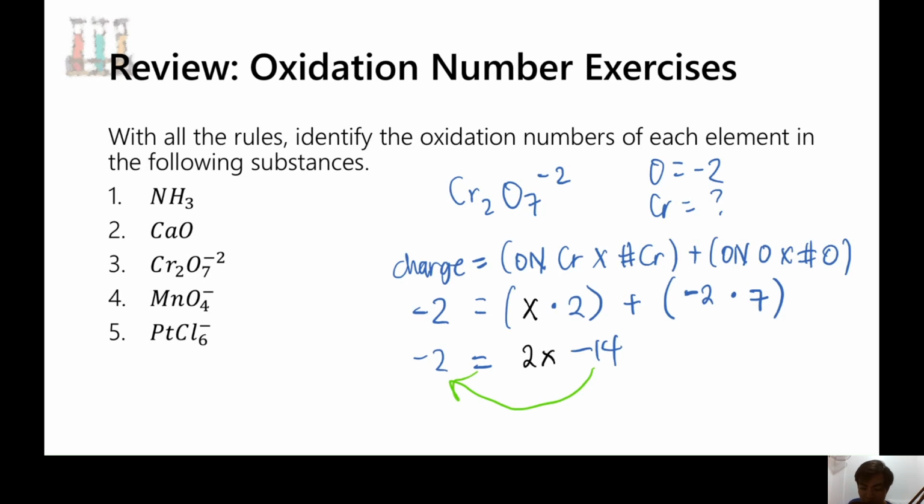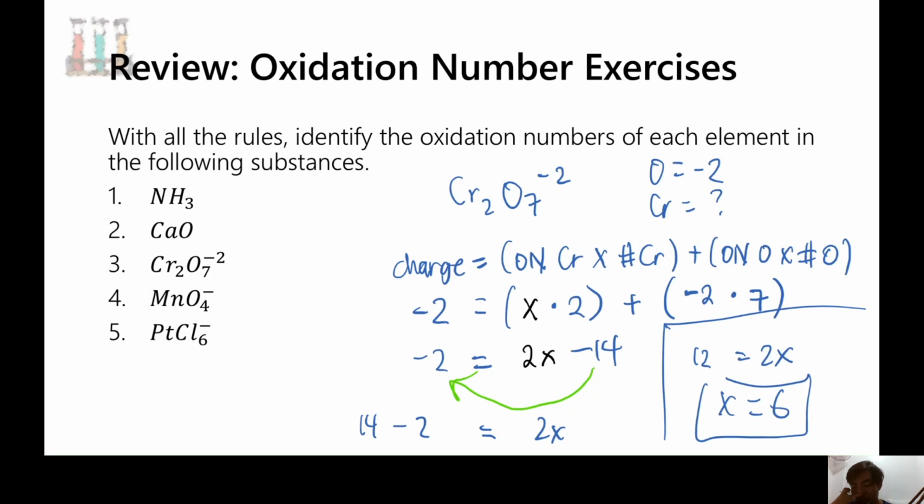So 14 minus 2 equals 2x. What's 14 minus 2? 12. 2x, so we can see that x is equal to 6 now. So the oxidation number of chromium is positive 6. So ganun lang, okay?